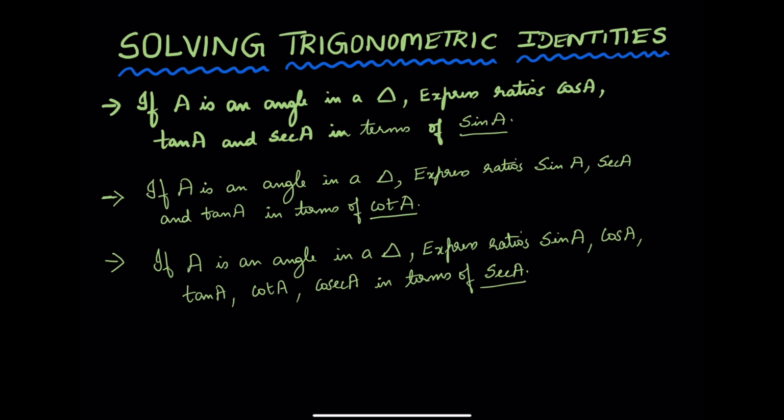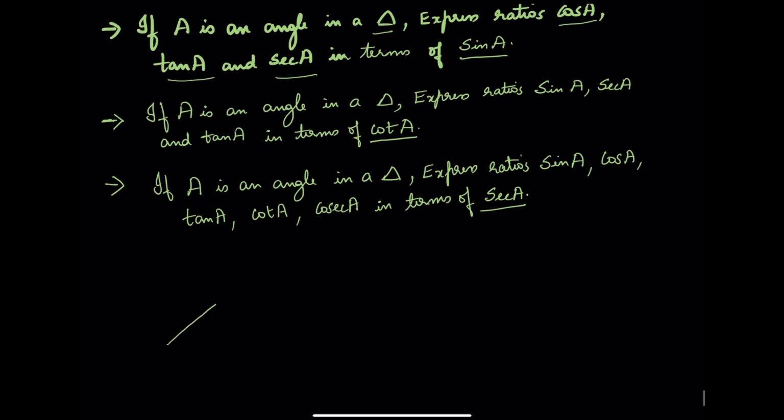So the information given to us is if A is an angle in the triangle, then we have to express cos, tan and secant in terms of sine. So let's draw a representation of this. So it's a right angle triangle.